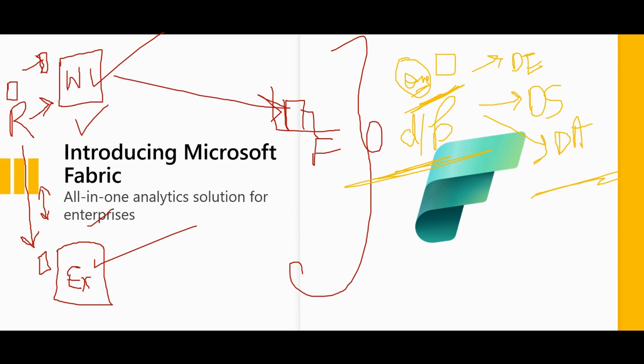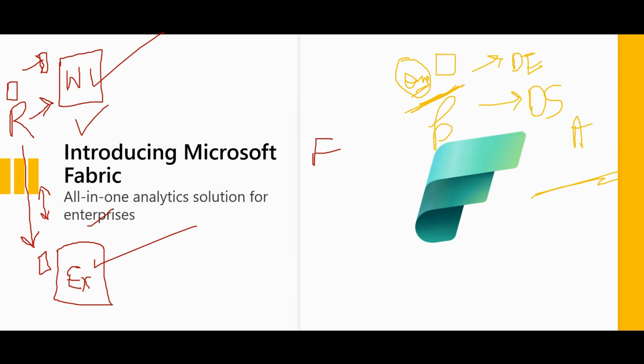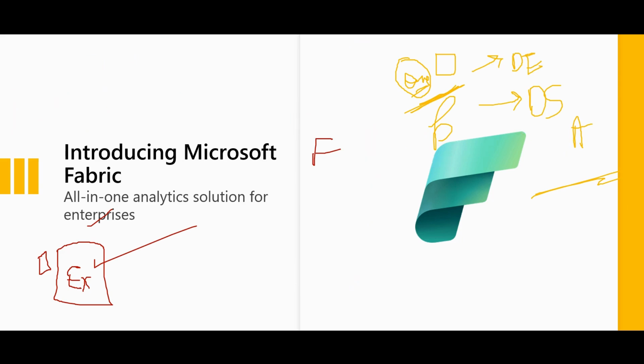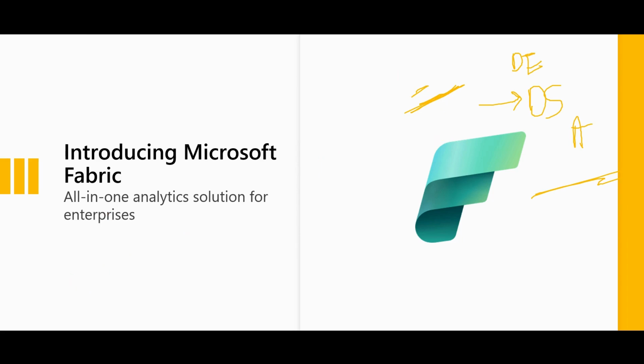So this is why we have to switch to Microsoft Fabric, which provides a unified platform for all of this. Now let's move on to the basics: the definition Microsoft has given to Fabric.